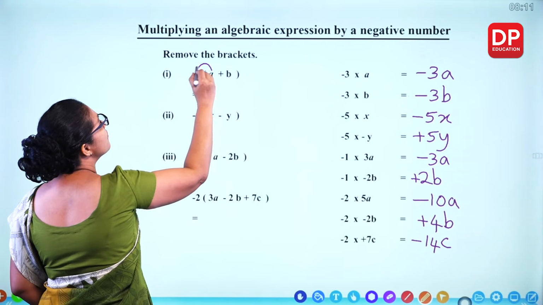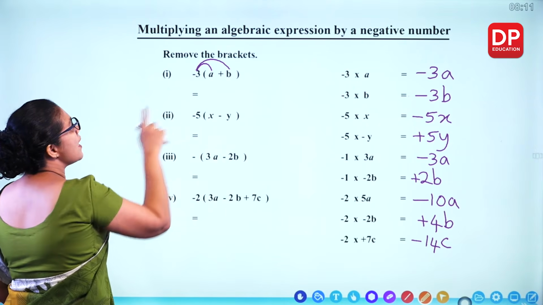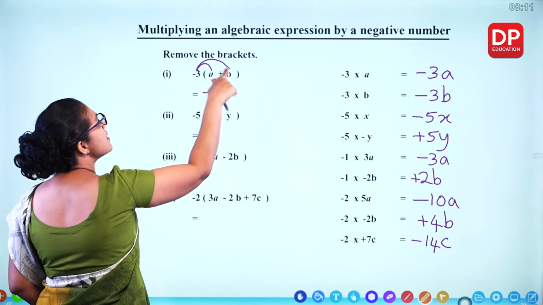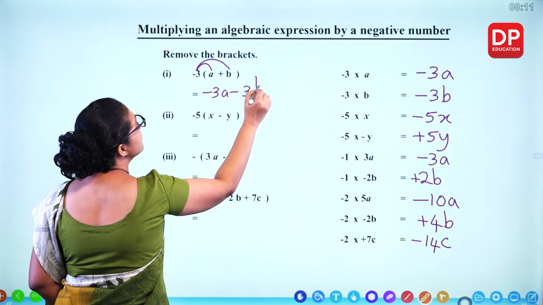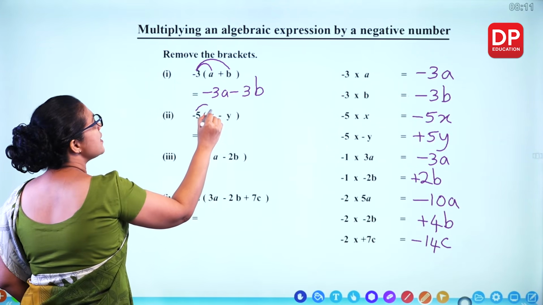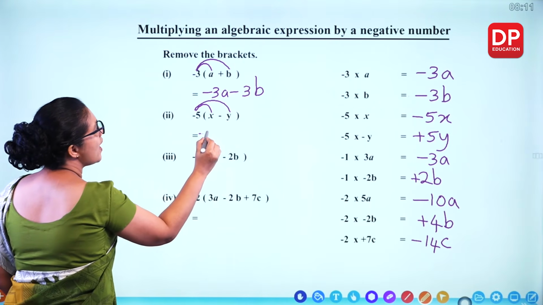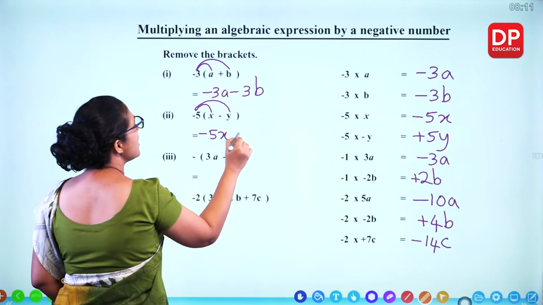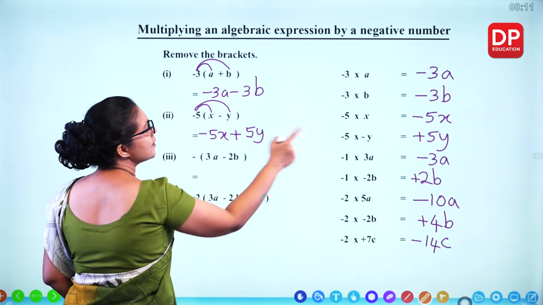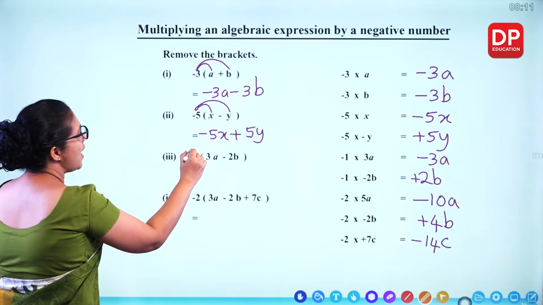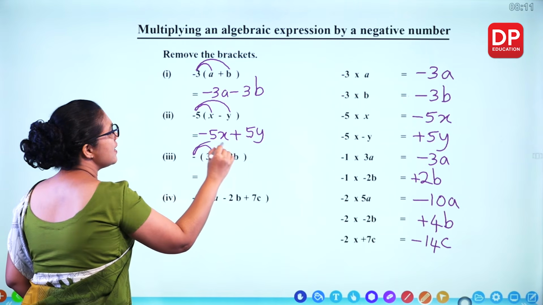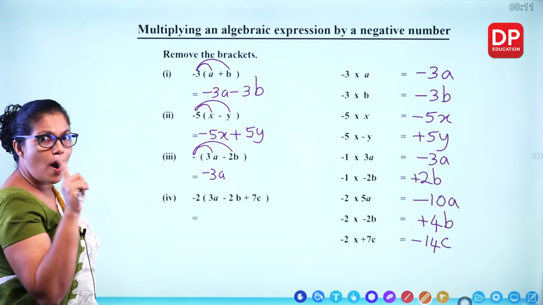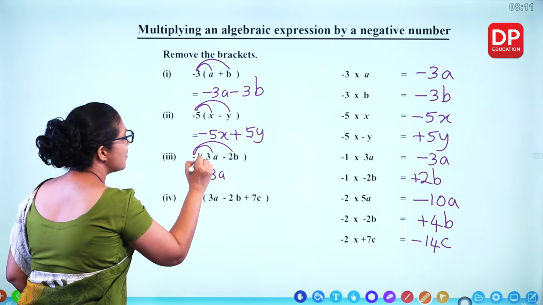So you need to first multiply the first one with this number, minus 3a, minus 3 times b, minus 3b. Minus 5x, and here minus 5 times minus y, you get plus 5y. We did that. Minus 3a, and here minus 3a. You get here minus nothing, which means 1. So this is like 1.